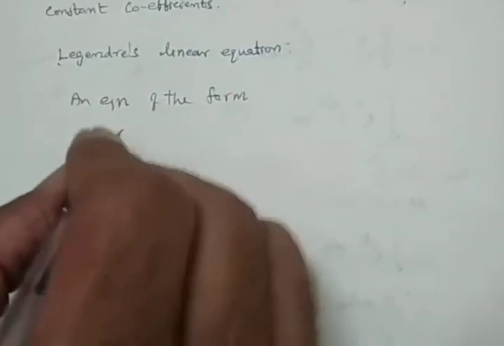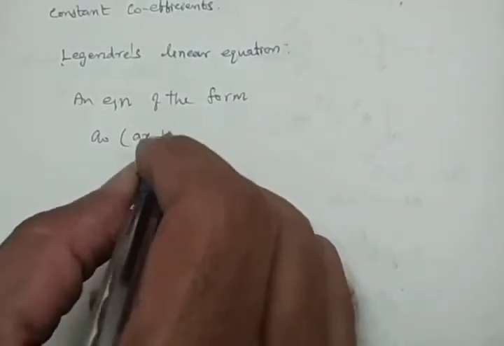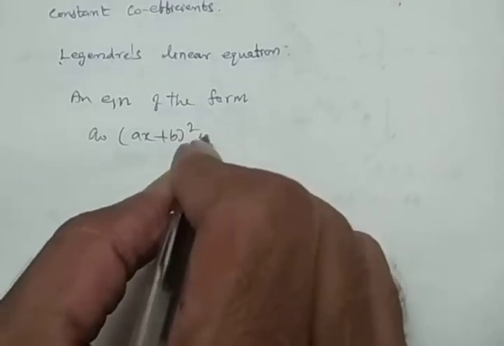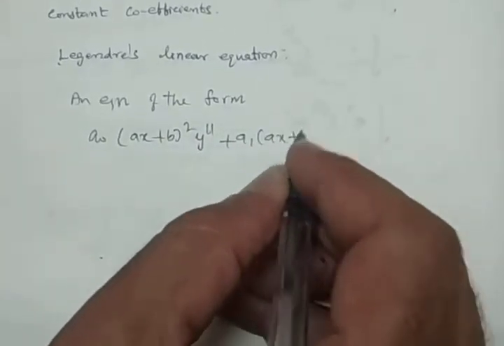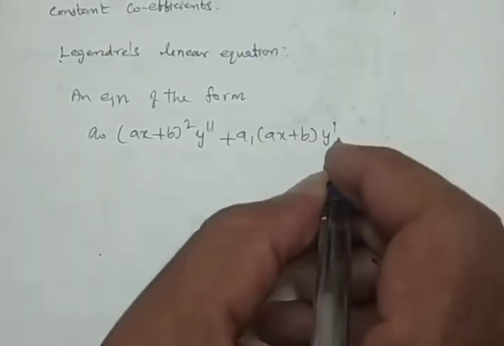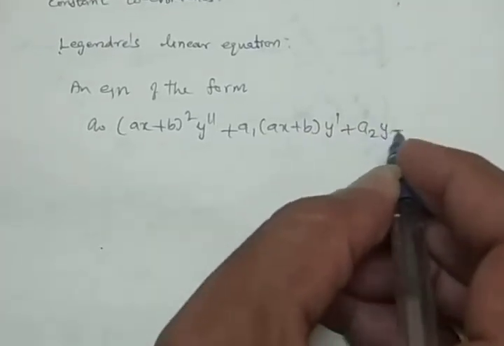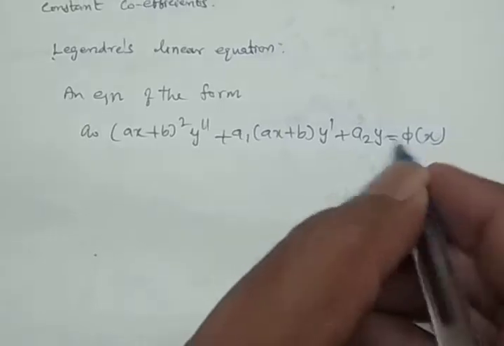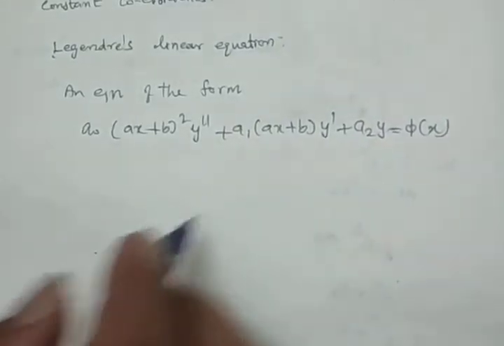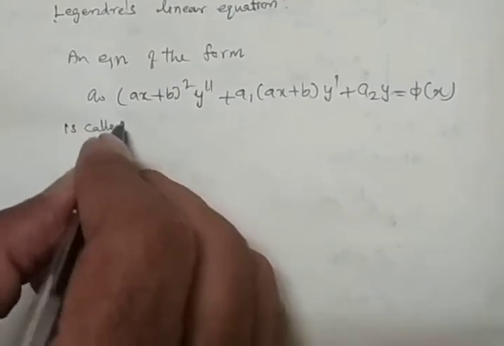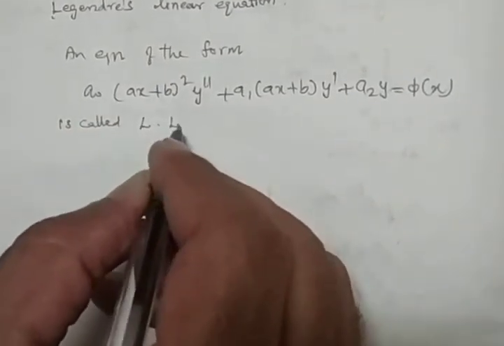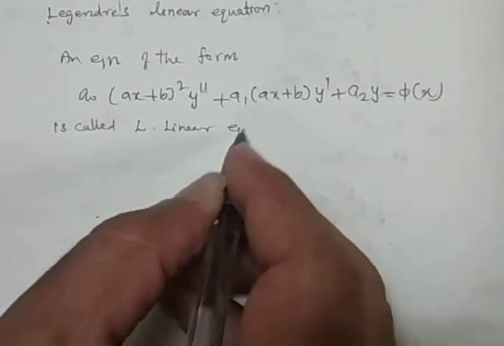a0 (ax + b)² y'' + a1 (ax + b) y' + a2 y = φ(x). So this one is called Legendre's linear equation of second order.